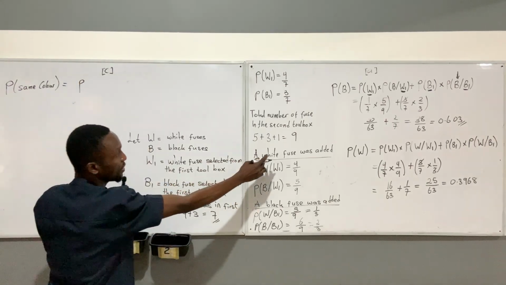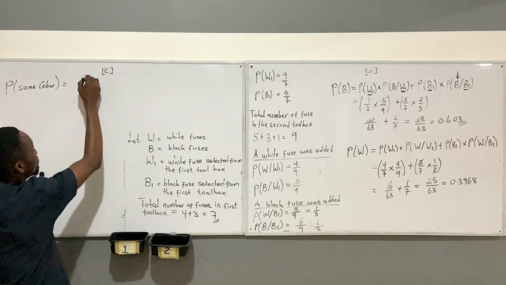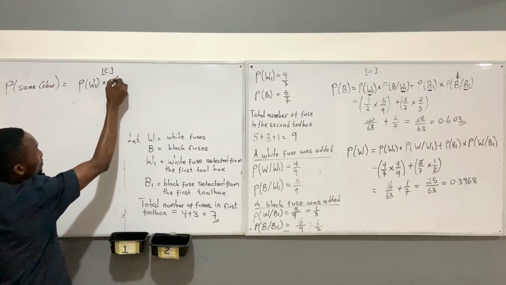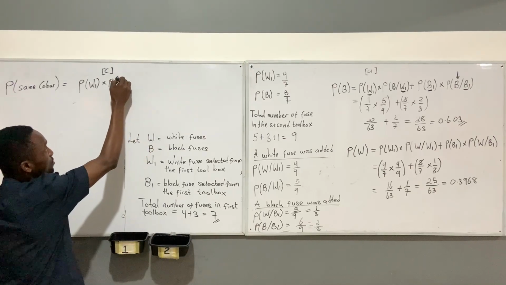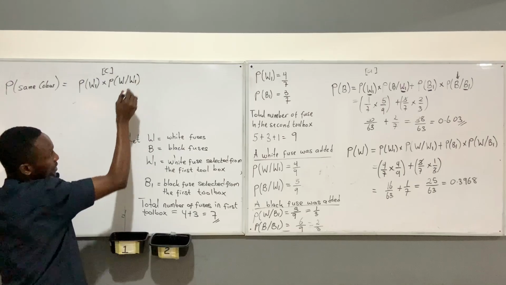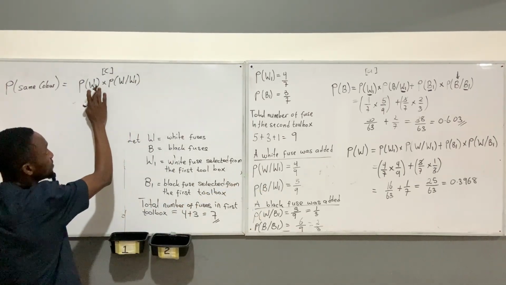Let's assume that a white fuse was added, so it means he picked a white fuse. So the probability of white fuse, W1, times the probability of him picking a white fuse, given that a white fuse was added. Do you understand now? Every color is the same.